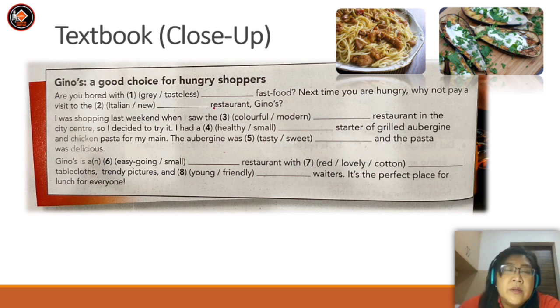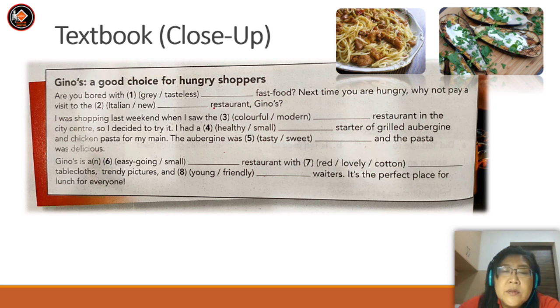Are you bored with grey, tasteless fast food? Next time you are hungry, why not pay a visit to the Italian new restaurant Geno? I was shopping last weekend when I saw the colorful modern restaurant in the old city center, so I decided to try it. I had a healthy small starter of grilled aubergine and chicken pasta for my main.